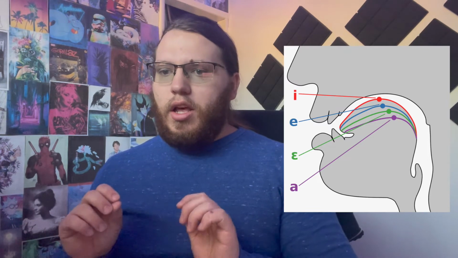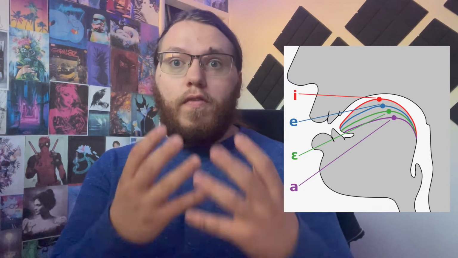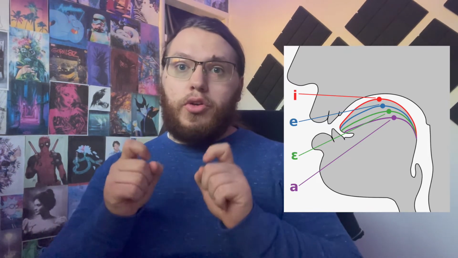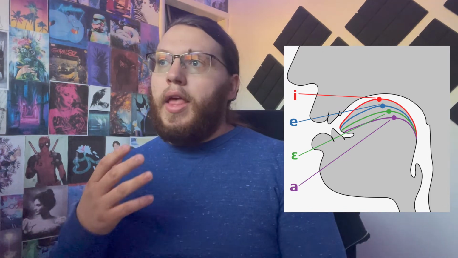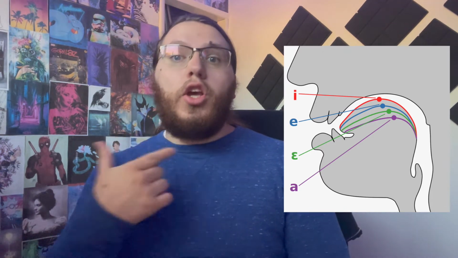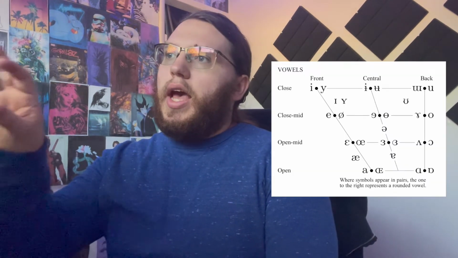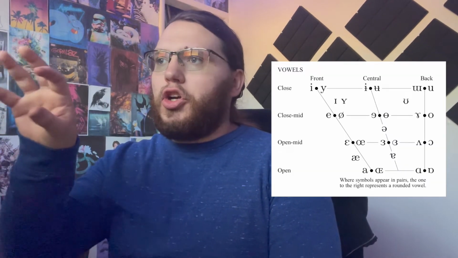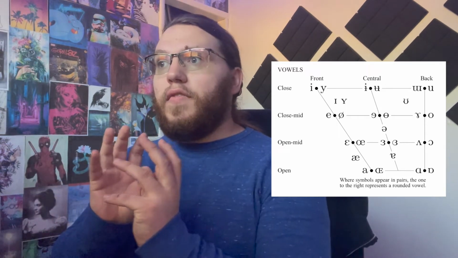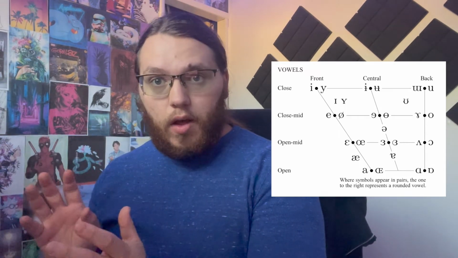Backness is, of course, how far forward or backwards in your mouth your tongue is being raised. And then roundness is your lips, whether or not they are rounded. So you can see that the way we have this chart set up is a rough approximation of the shape of the oral cavity itself.